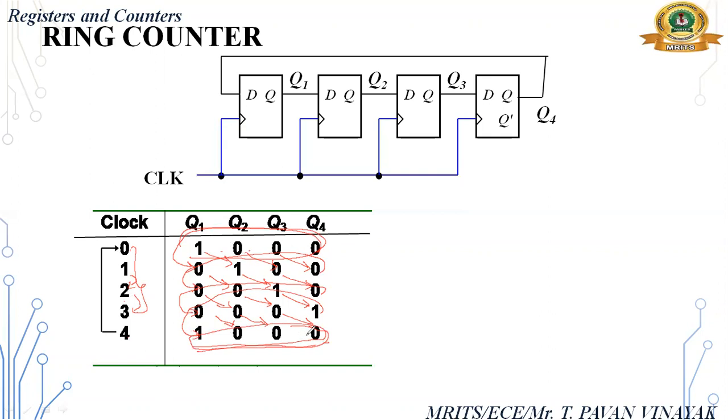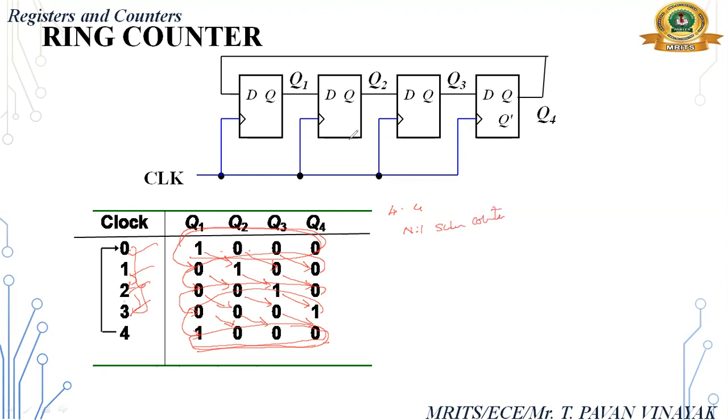So for 4 flip flops we get 4 states, right? 1 2 3 4. So this is called a modulo-n counter.